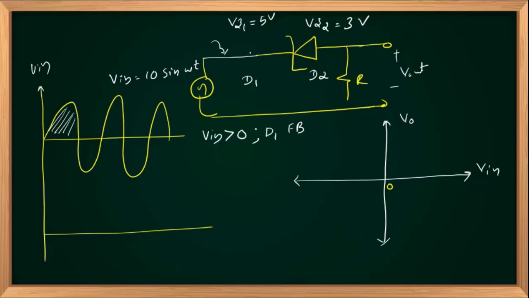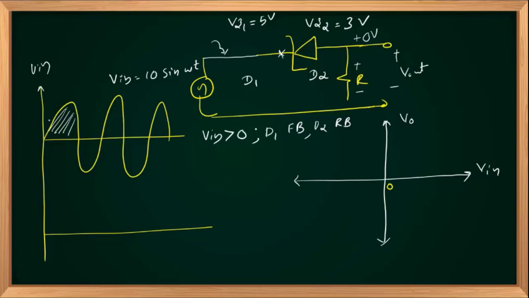Once D1 is forward biased or short, that positive voltage appears at the cathode of your second diode, cathode positive. Of course, if this branch is open, output is at 0 volts because there is no drop across R. 0 volts at anode, positive voltage at cathode, D2 will be in reverse biased mode.